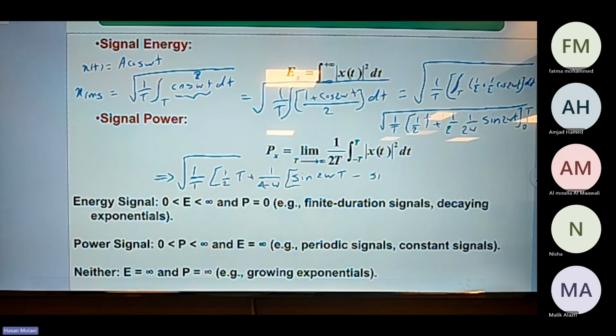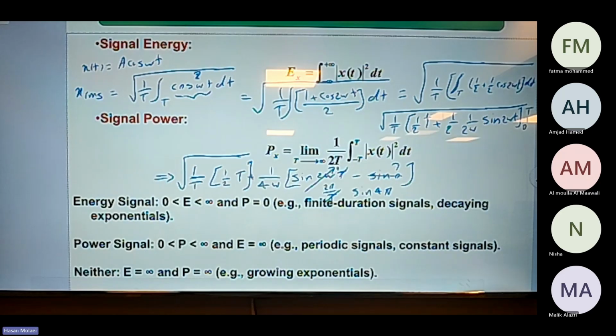Sine of 0 is 0. Sine of 2 omega T. What is omega? Omega is 2 pi over T, times T. I can simplify T, which means sine of 4 pi. How much is sine of 4 pi? 0. So this term is 0. I only have this.